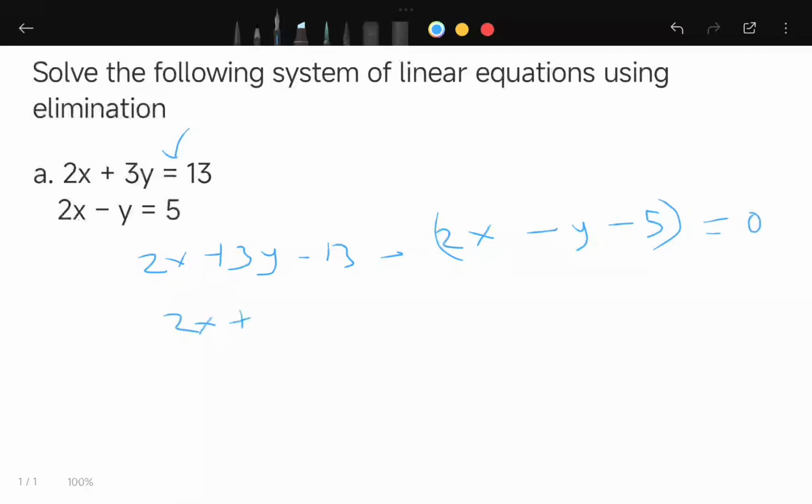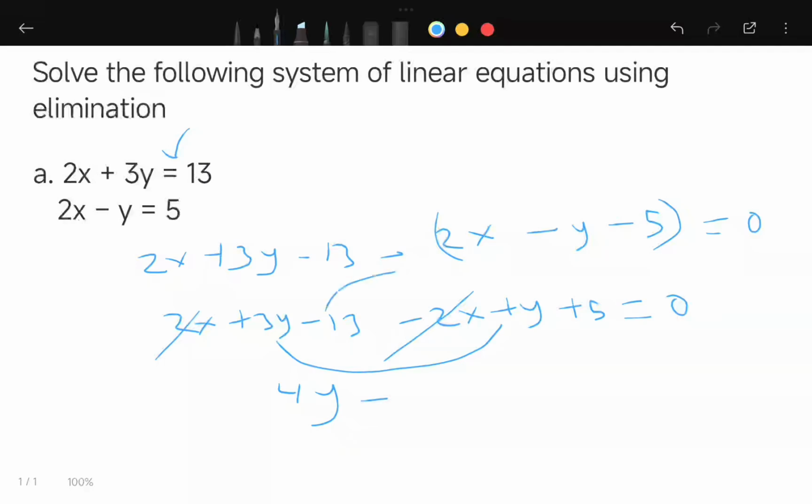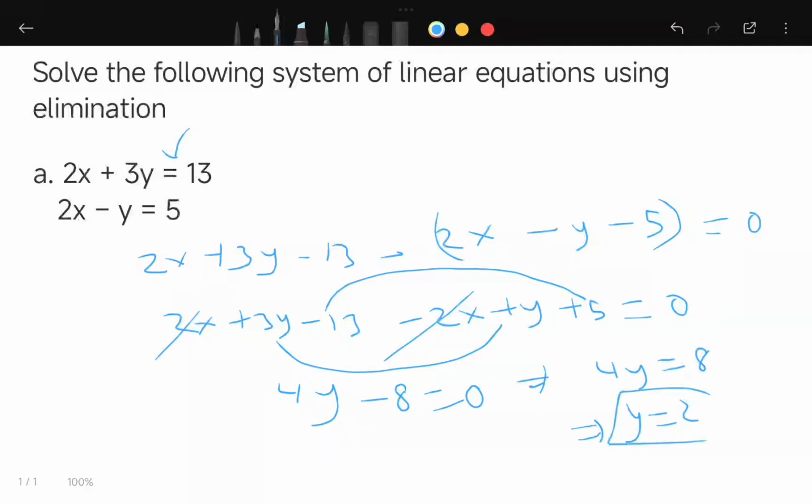So it becomes 2x plus 3y minus 13 minus 2x plus y plus 5 equals 0. 2x and minus 2x get cancelled. 3 plus 1, 4y; minus 13 plus 5, minus 8. So 4y minus 8 equals 0, which implies 4y equals 8, which in turn implies y equals 8 by 4, which is 2.